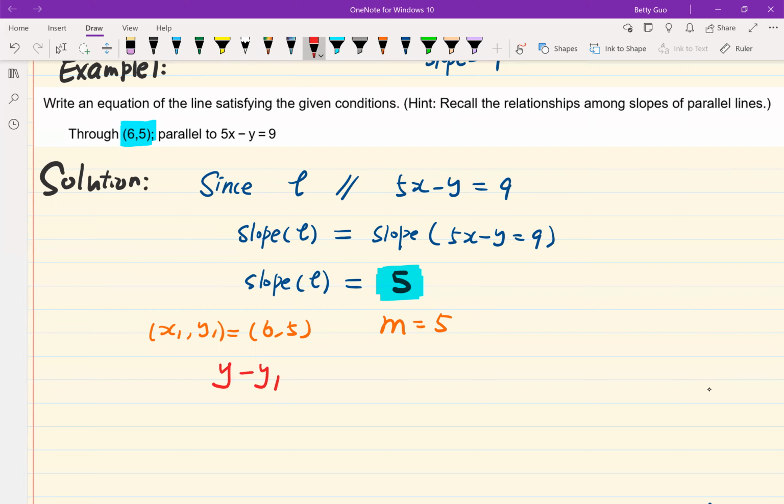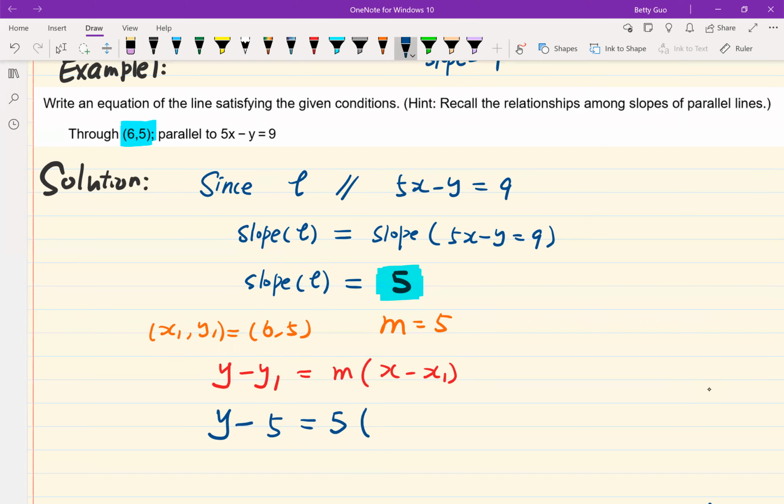The formula for point slope form is y minus y1 equals m times parentheses x minus x sub 1. Should we just plug in x1, y1, and m in the equation? Okay, let's see. So we copy y, copy minus. What is y sub 1? Very good. Copy equal sign. What is m? Slope m is also 5.